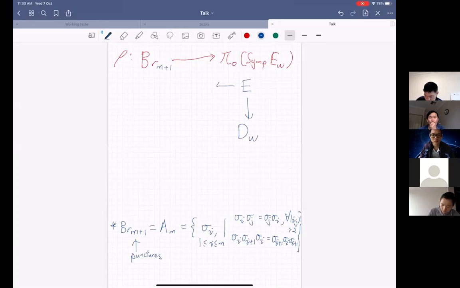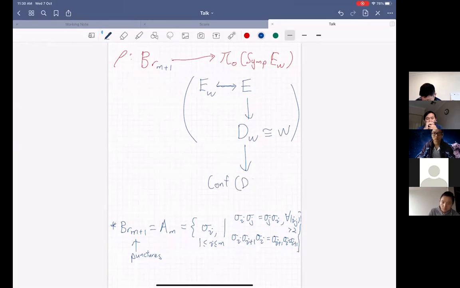And then the fiber of this thing is EW, and you can relate DW to just W, and then this whole thing is a fibration over the configuration space of the moduli DW.